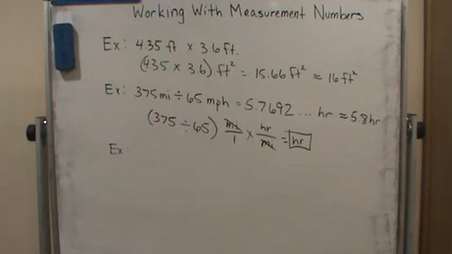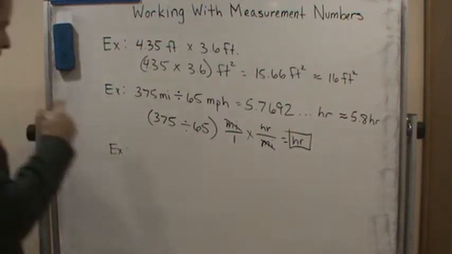Now, what about an application one? Let's talk about machine trades. Let's say each inch of cold rolled steel weighs 0.22 pounds.